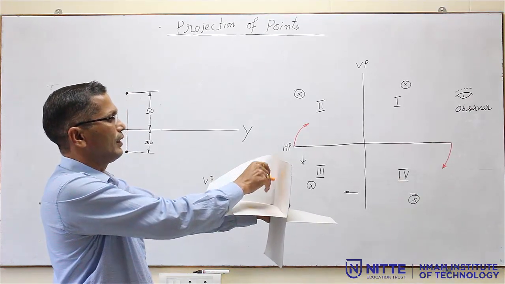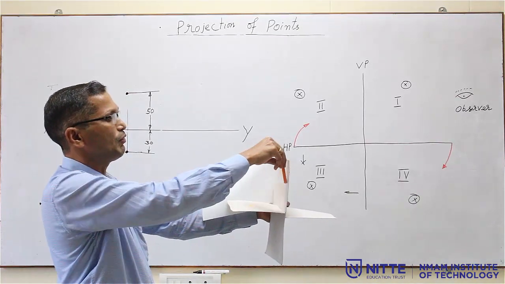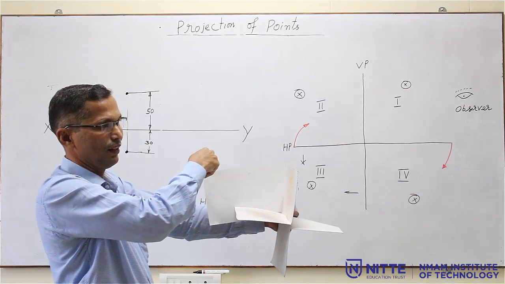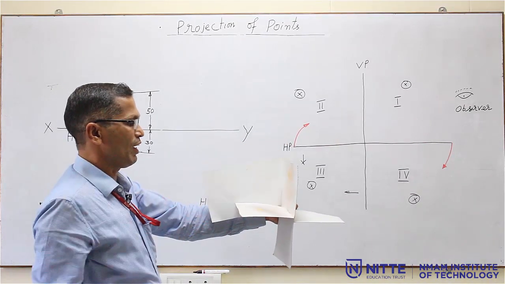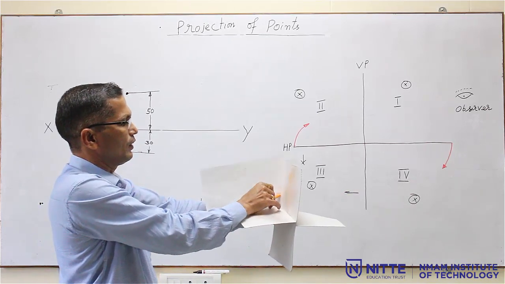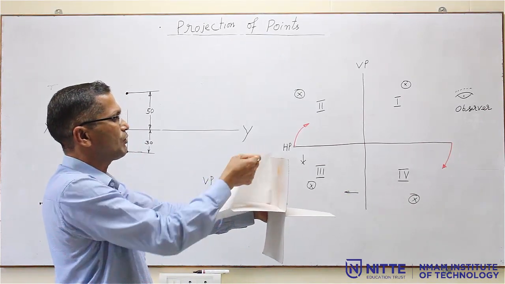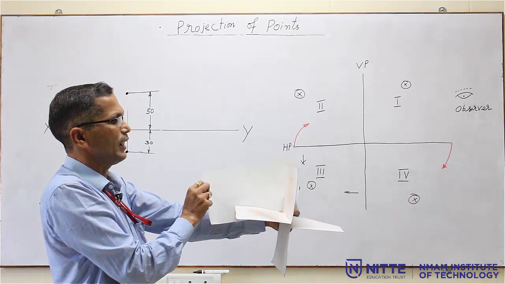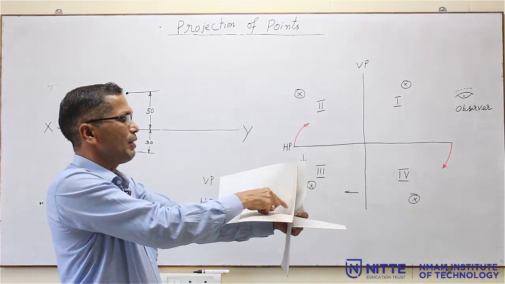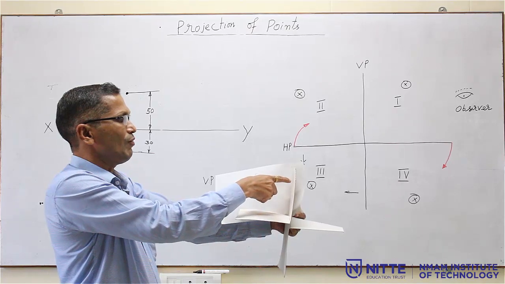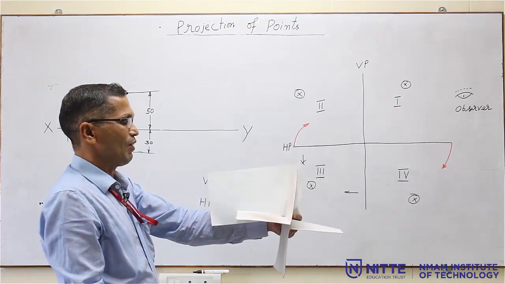Now, there will be a line of intersection of the vertical plane and profile plane. This line is called X1 Y1. So, this line will represent the plane of separation of VP and profile plane.